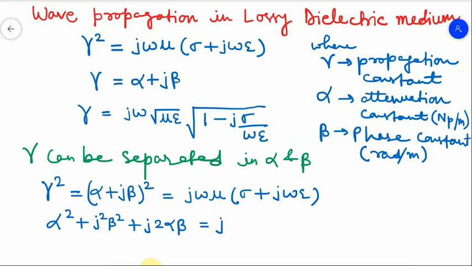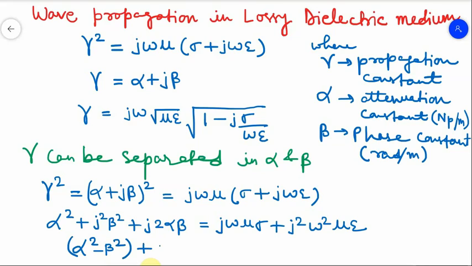So here it is j omega mu sigma plus j square omega square mu epsilon. Now we know that the value of j square is minus 1. So alpha square minus beta square will be your real term, and the term containing j will be your imaginary term, so it is j 2 alpha beta.